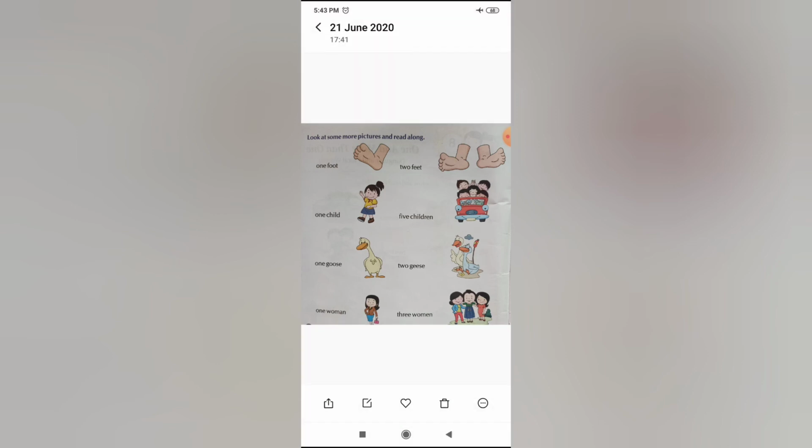One goose, and when the number increases, it becomes geese. So what is done here? The vowels inside the word goose, that is double O, are changed into double E. Similarly, one woman, three women. So the vowel A is changed to E.